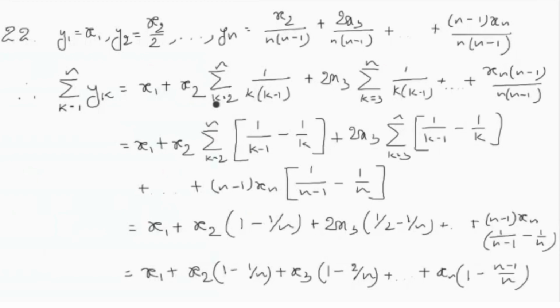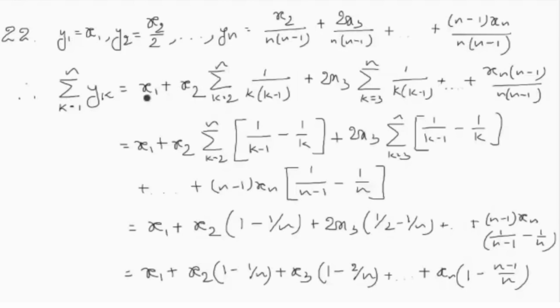and summation yk, k from 1 to n, is essentially y1 plus y2 plus dot dot yn. And observe that in these terms, x1 comes only once, because x1 is not involved in any other term other than y1.